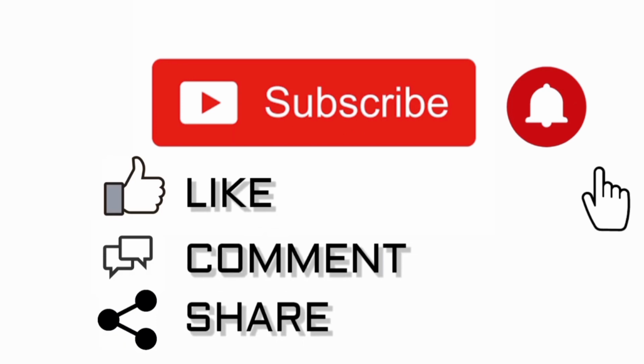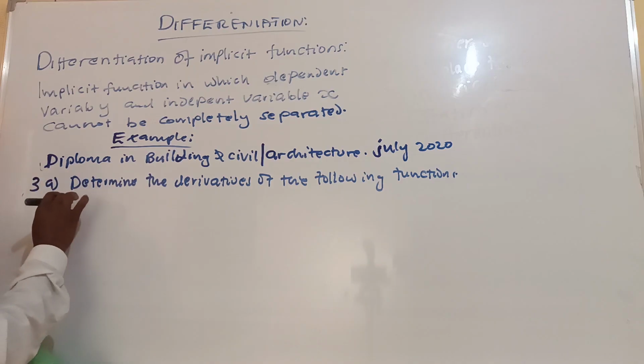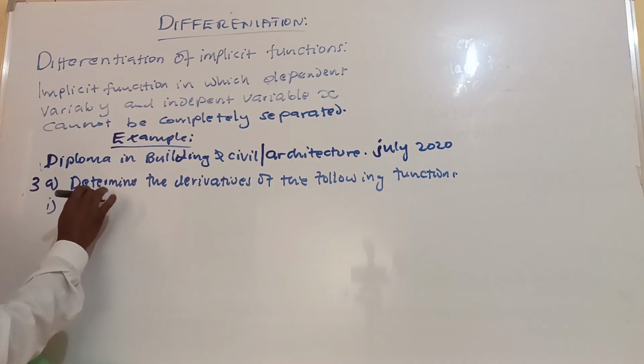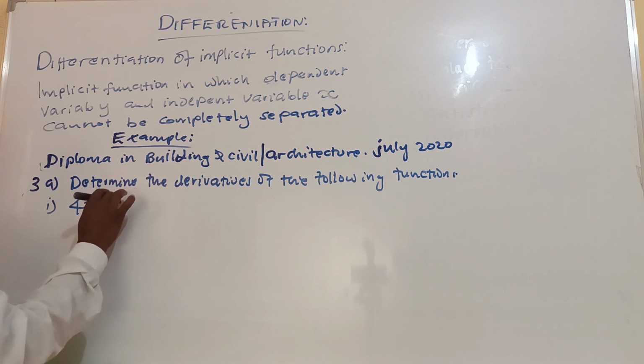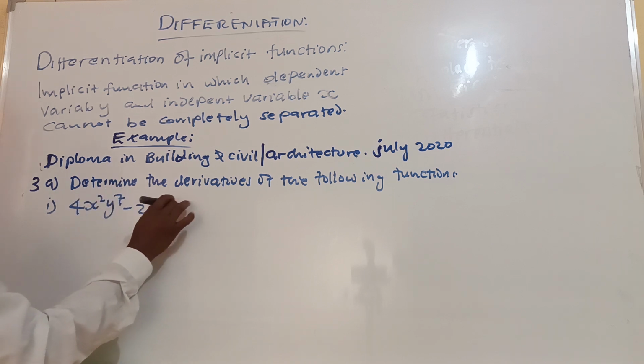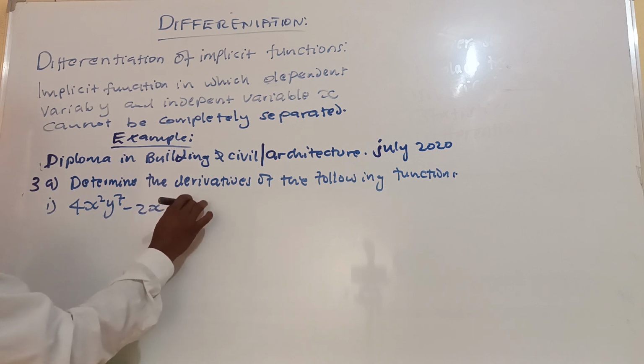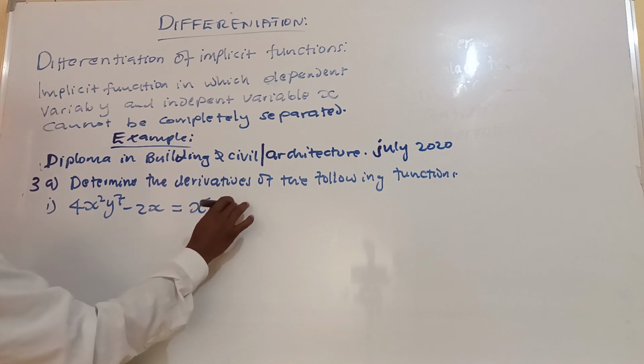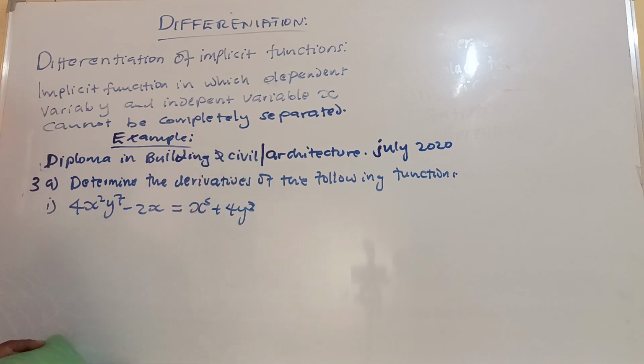We have 1a, Roman 1: 4x squared y power 7 minus 2x is equal to x power 5 plus 4y cubed.